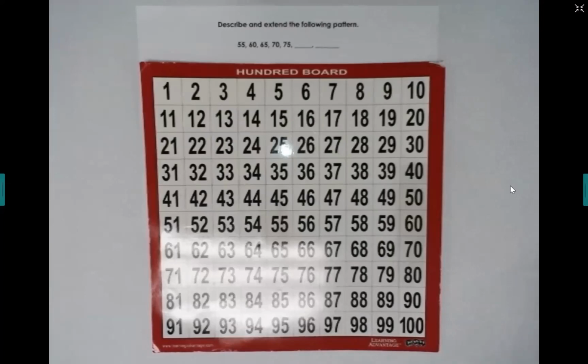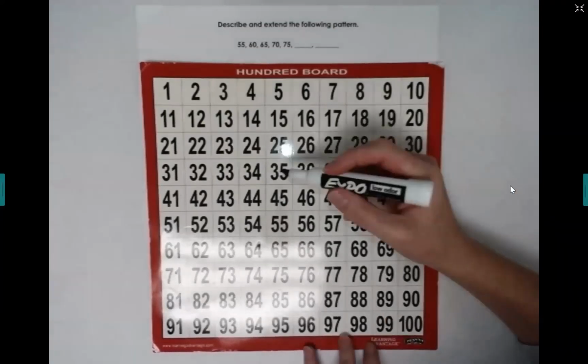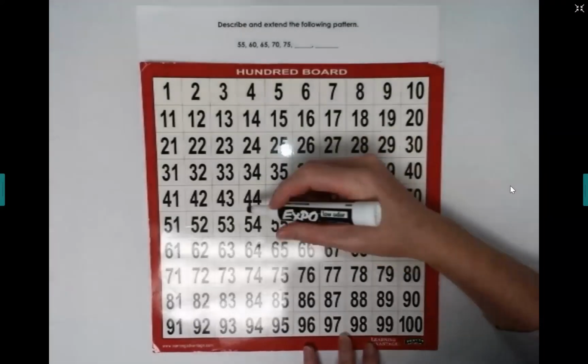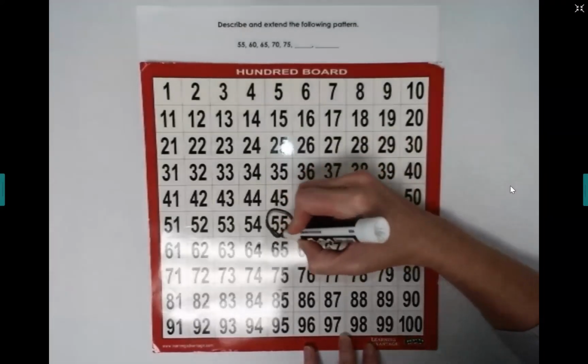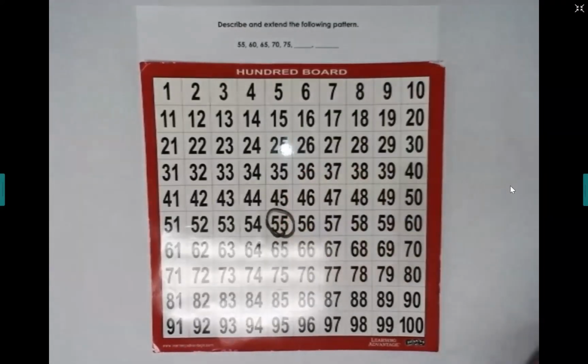So I'm going to find each number in my pattern and I'm going to see what's happening, first determining if it's growing or if it's shrinking. So I see the first number in my pattern is 55. So you'd want to have students find the number 55. I'm just going to circle it here. You could use some of those clear color counters that you can see through to lay on top of these numbers as well. The next number in my pattern is 60.